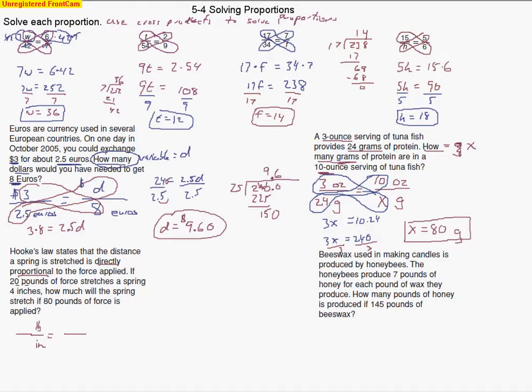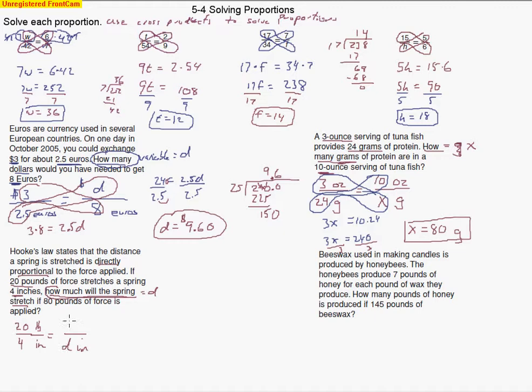So if a 20-pound force, so 20 pounds on top, is stretched 4 inches, so 4 inches, how much will the spring stretch? Let's call how much it will stretch D for distance. So it's got to be inches here. We don't know how far it's going to be stretched.